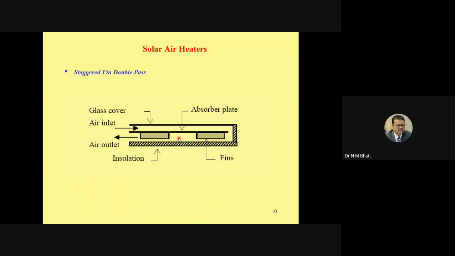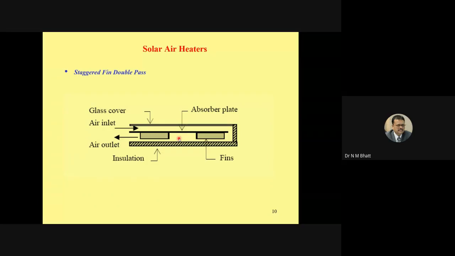Now the last term that is left is the delta T. Just now I told you that the delta T should be as low as possible. You can't say that to increase the Q, I will increase the delta T. Because if you increase the delta T, that means your average fluid temperature is not your required temperature.